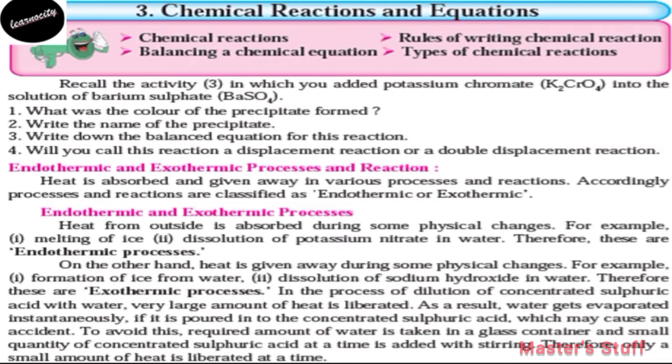Well, this reaction is a double displacement reaction, as in this reaction the highly reactive barium displaces potassium from potassium chromate and forms the precipitate barium chromate as the product.